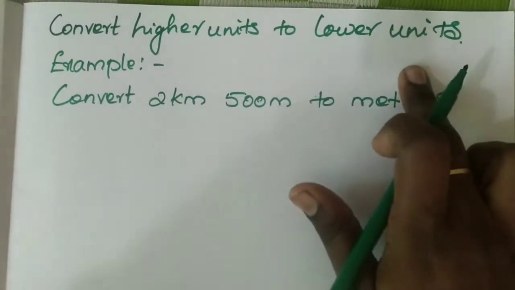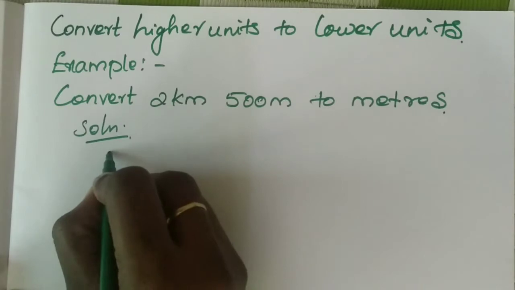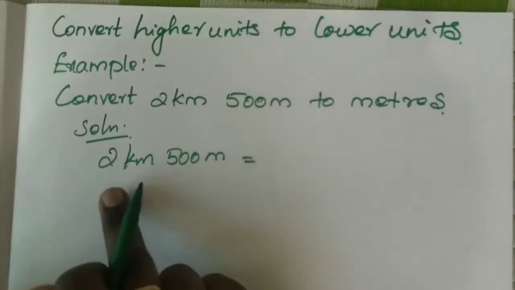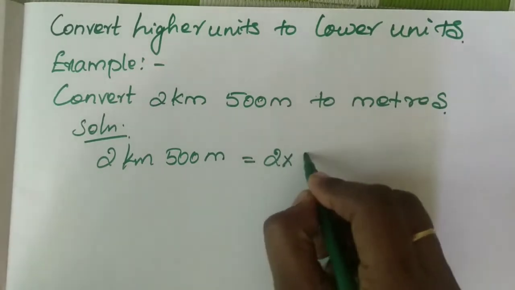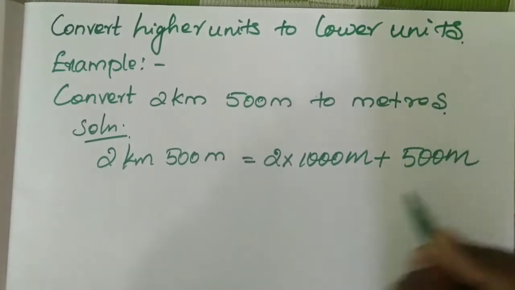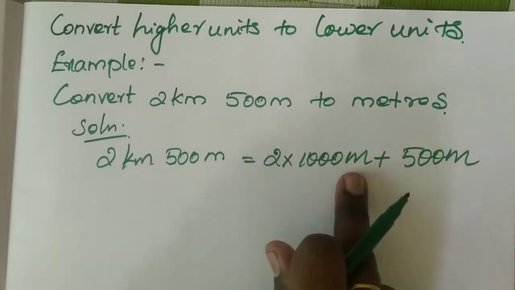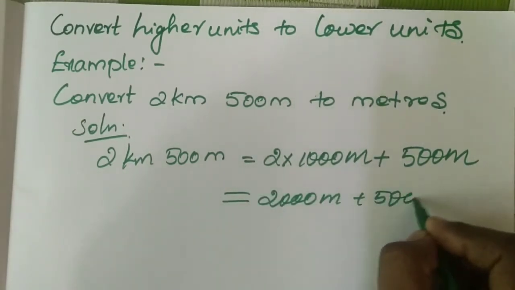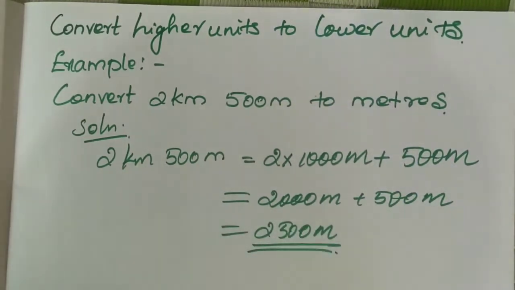To convert kilometer to meter, multiply by 1000. 1 kilometer is equal to 1000 meters, so 2 kilometers is equal to 2 into 1000 meters, that's 2000 meter plus 500 meter, which is equal to 2500 meter. Are you clear guys?